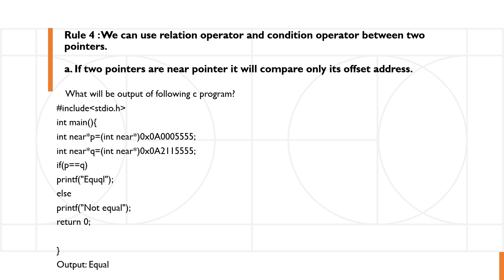So if two pointers are near pointers, it will compare only their offset addresses. The offset address here is 5555, so obviously it will print equal, right? So we can use relational operators and conditional operators between two pointers.